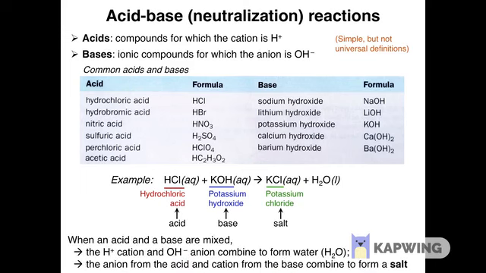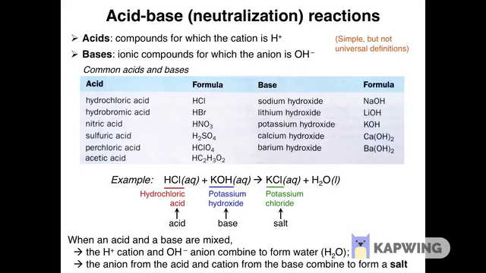So, if one is looking at a reaction between two reactants in aqueous solution, how does one find out what type of reaction it is? If one of the reactants is an acid and the other reactant is a base, we have an acid-base or neutralization reaction. The products of this reaction will be water and some salt, an ionic compound.